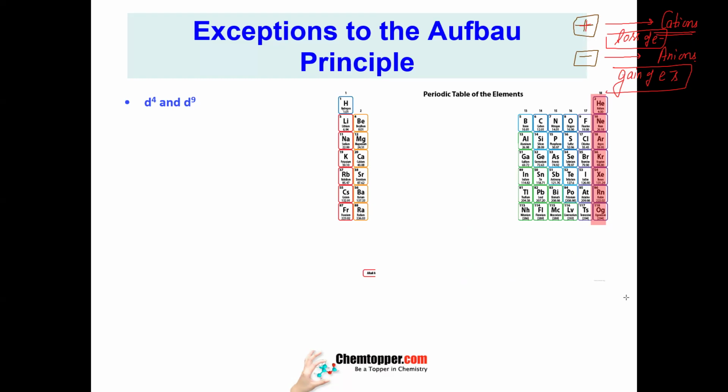Losing or gaining electrons is again an energy process, meaning energy is needed to remove an electron. So the energy needed should be compatible; you cannot gain 5 electrons or 6 electrons. Maximum you can gain is 1, 2, 3 electrons.